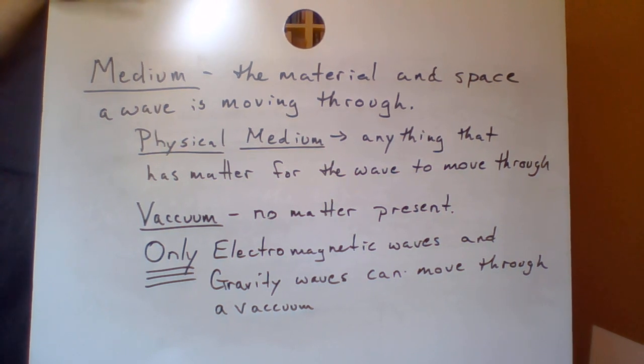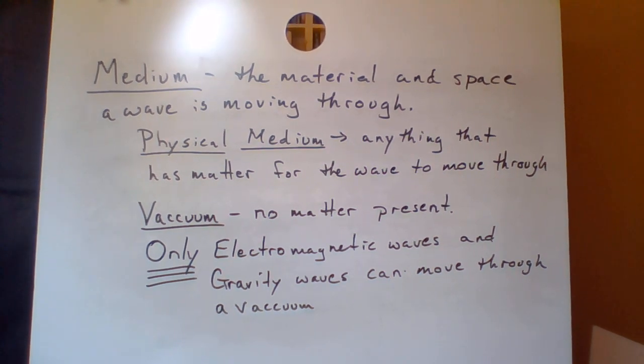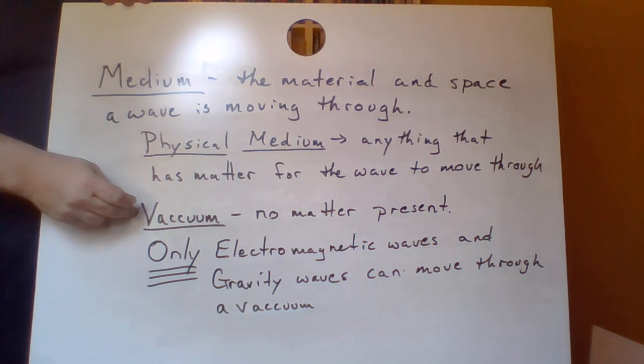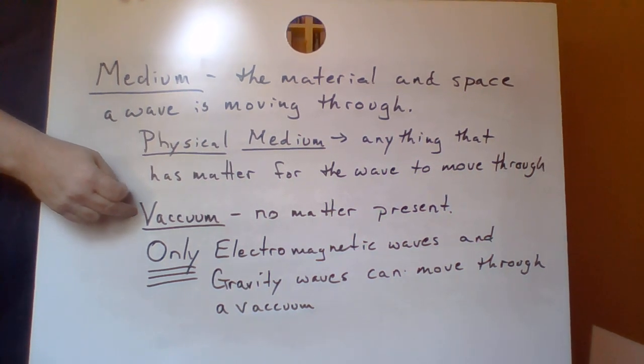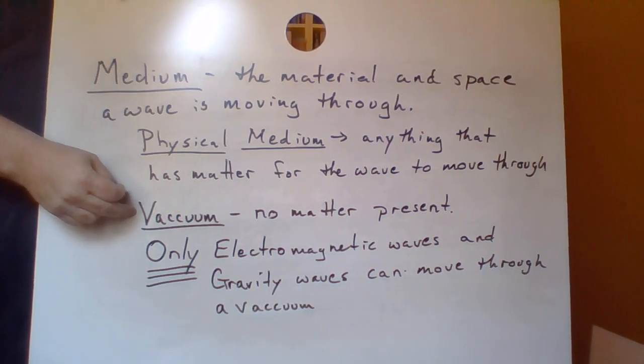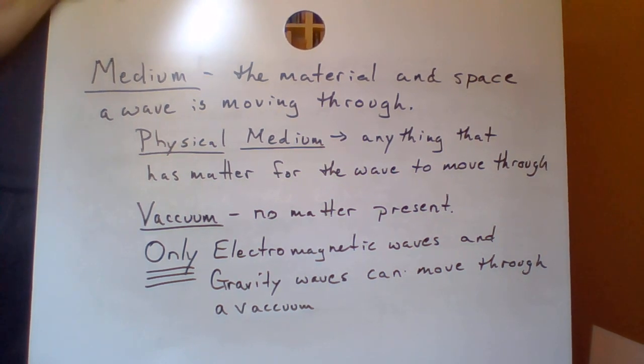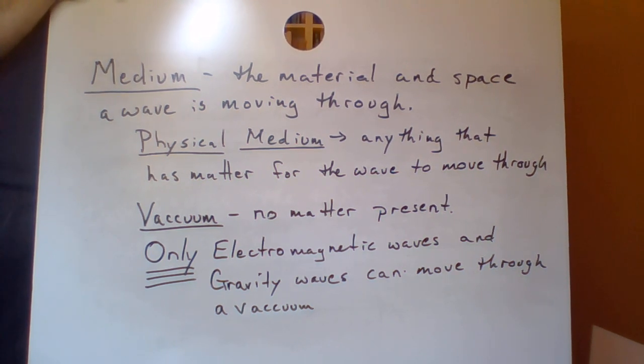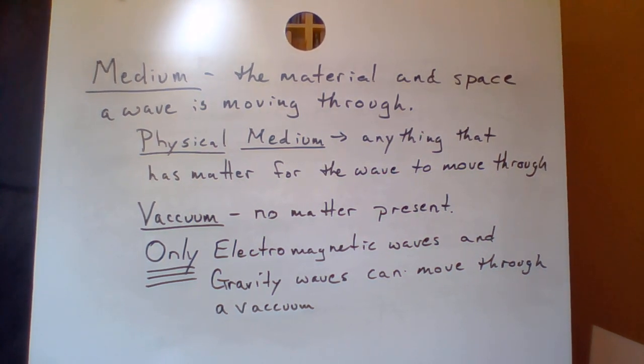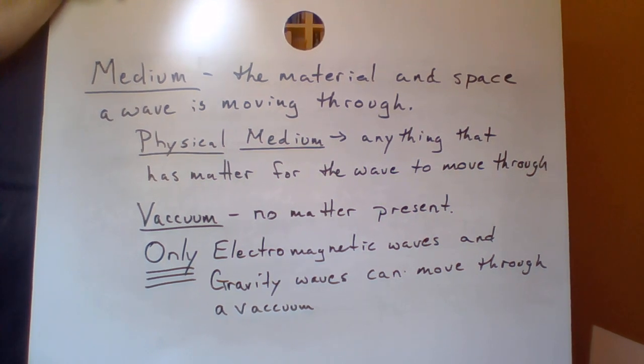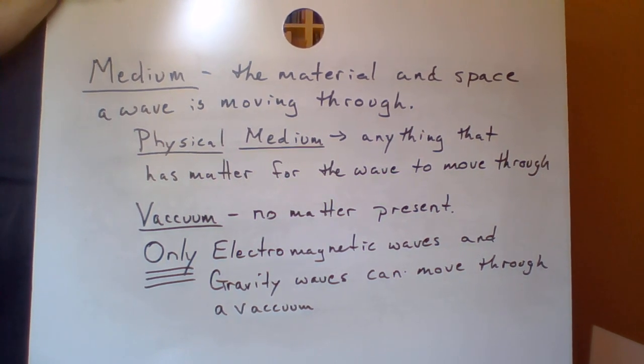Kind of a weird thing. Now a vacuum. Technically, a vacuum is any space where there are less than 100 particles in a cubic meter. That's pretty much the scientific definition of a vacuum. If you've got 1,000 particles in a cubic meter, that's still considered a vacuum.